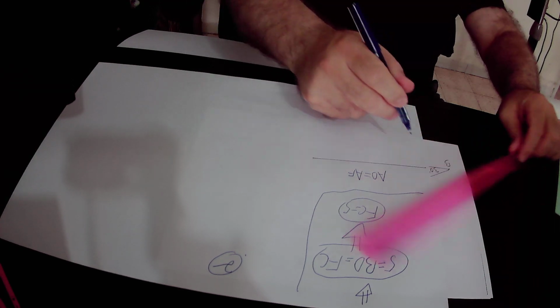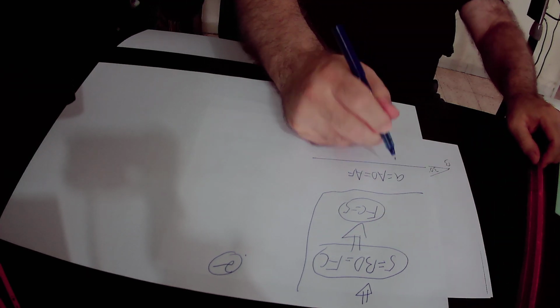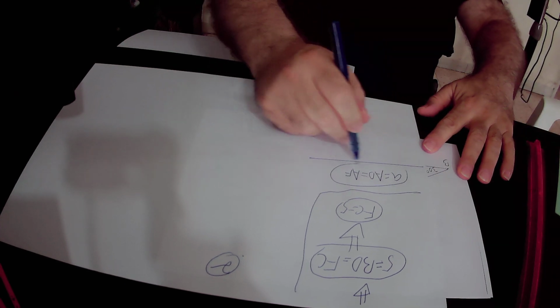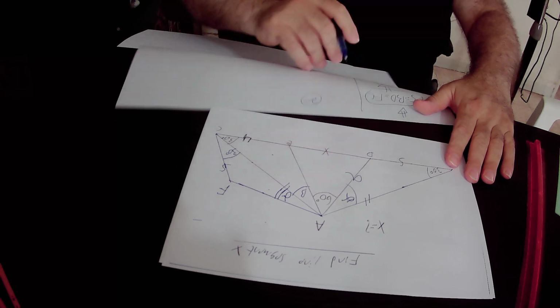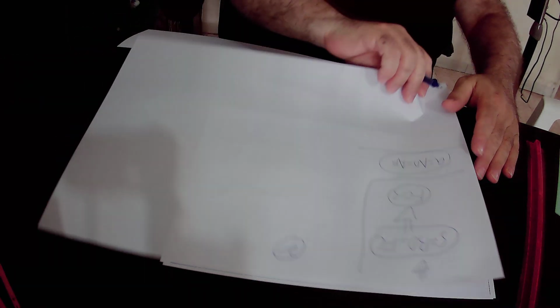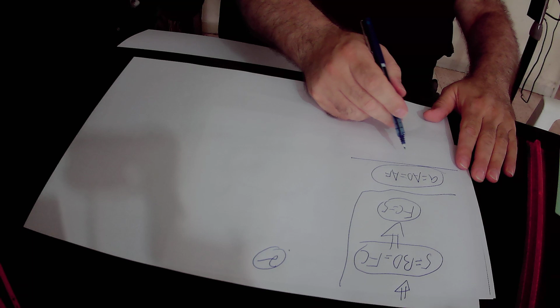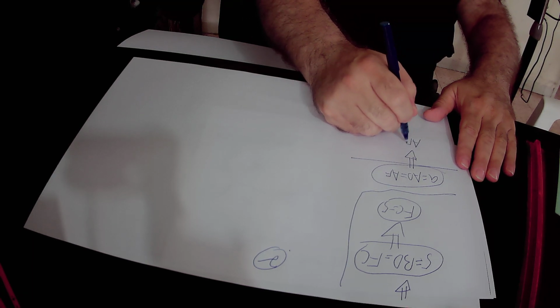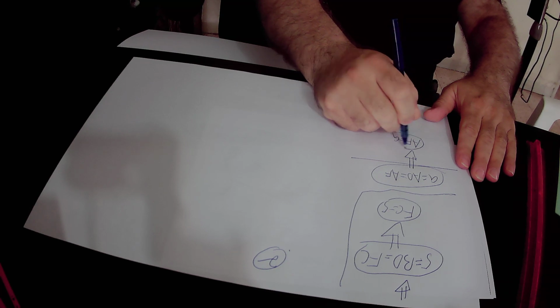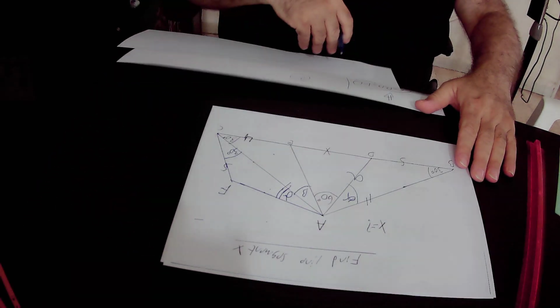So if we define side AD as A, then from this equation A equals AD equals AF, we derive that side AF is also equal to A units.